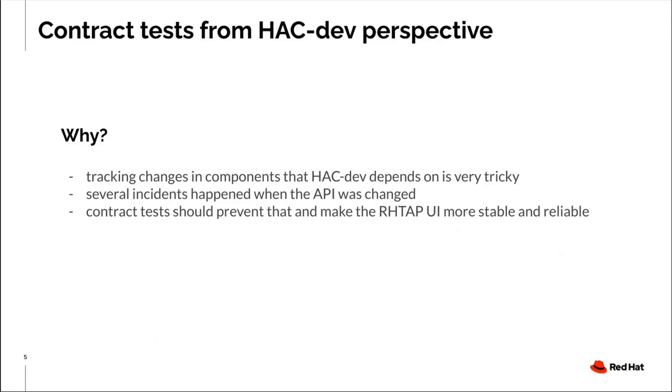In the past, several incidents happened when the API was changed and it caused misbehavior of HAC-dev. So contract tests should not only prevent that, but they should also make us sure that the current version of HAC-dev and other components deployed on one infrastructure, for example on stage, are compatible and should work together.